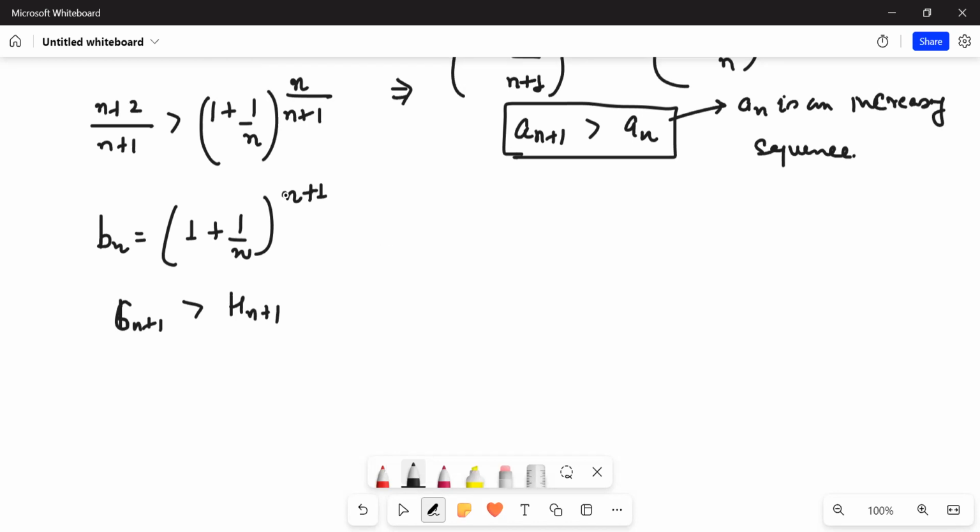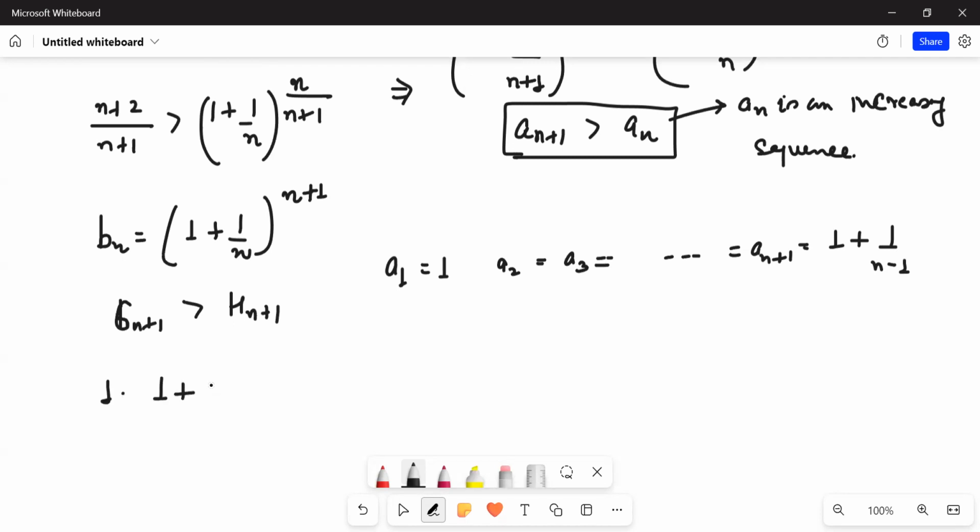Because this is n plus 1, I'll use a1 as 1, and a2, a3, ..., a(n+1) as 1 + 1/(n-1). Now let's write the geometric mean of these numbers.